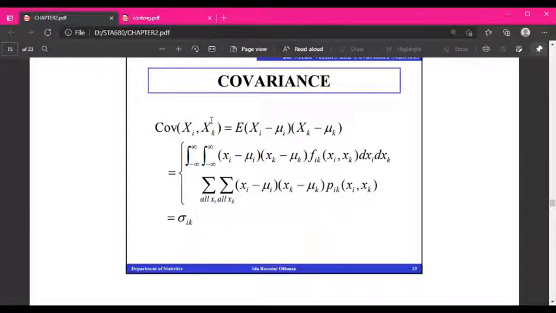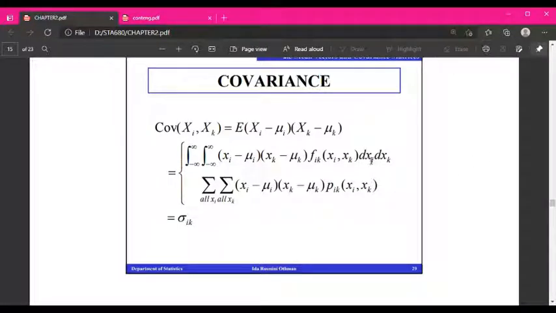Now if we have two random variables, before we found the covariance for values, now we find the covariance for random variables. If we have these two random variables, this is the formula, and we have to deal with double integration.